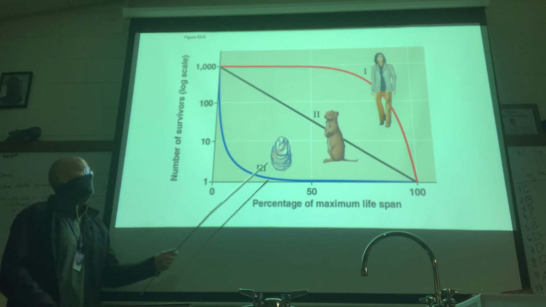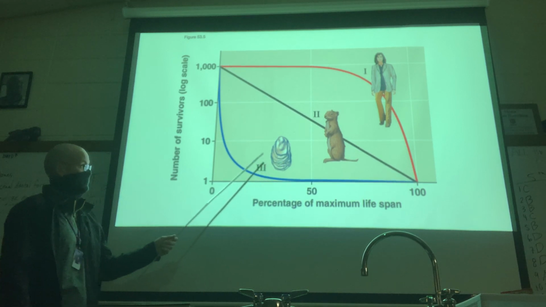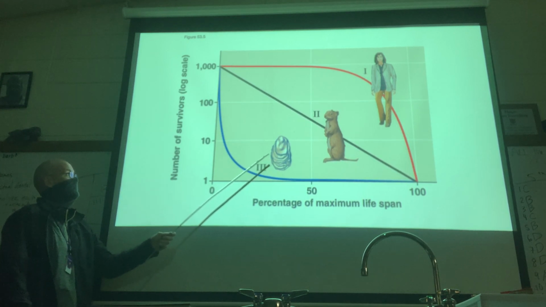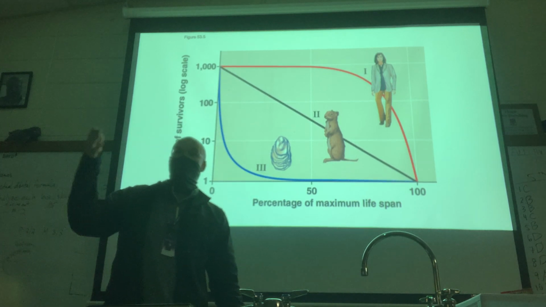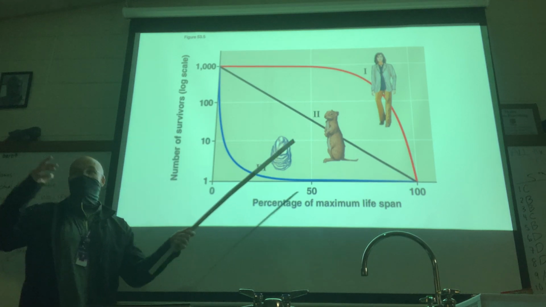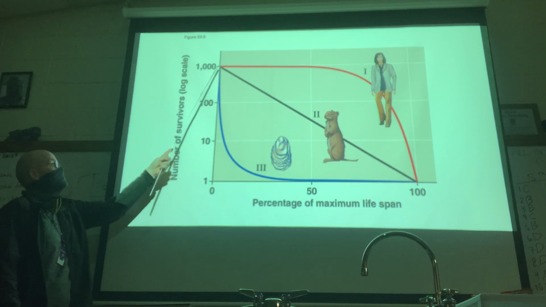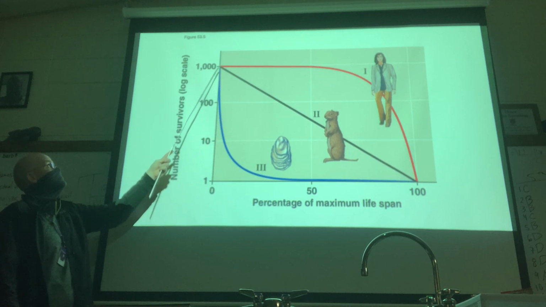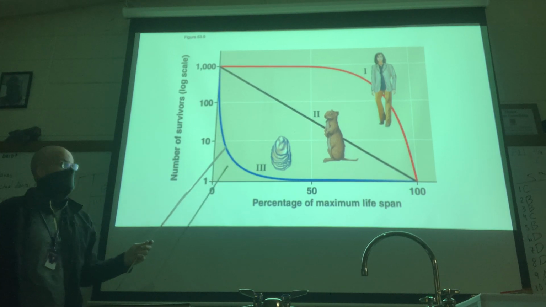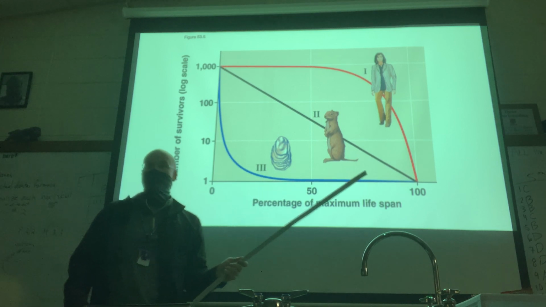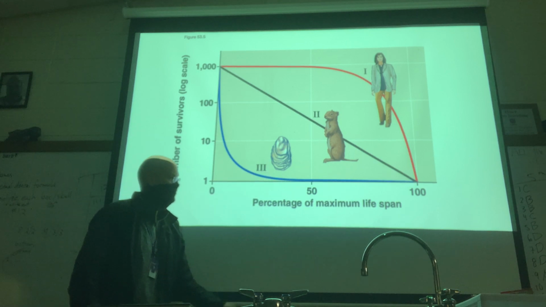And then you get some like these, clams or oysters. I'm not sure exactly what species this survivorship curve is for, but a lot of mollusks are like this, where the difficult time in life is when you're young and you haven't developed the protective shell. So death rates in this third type of survivorship curve are very high amongst the young. But if you survive to a certain point, that's the least likely time for you to die.